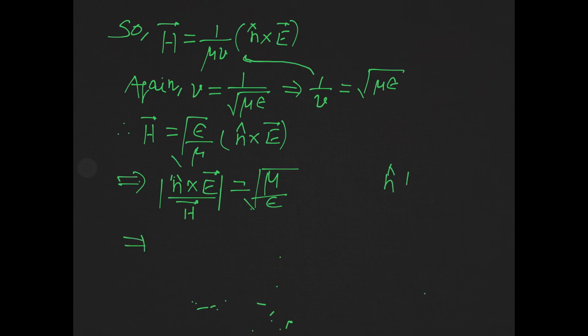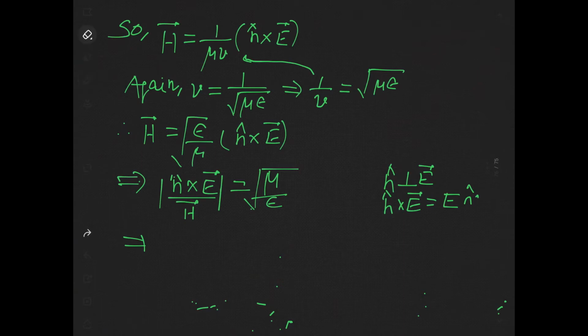And we know that n hat is perpendicular to E. So n hat cross E will be equal to E into a unit vector perpendicular to both of these two vectors. So let us say this vector is n prime hat.